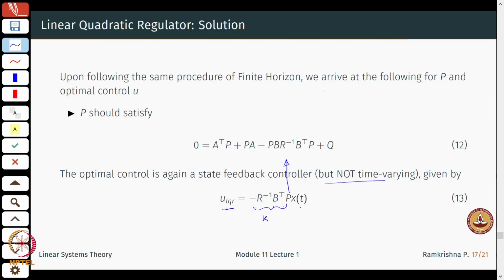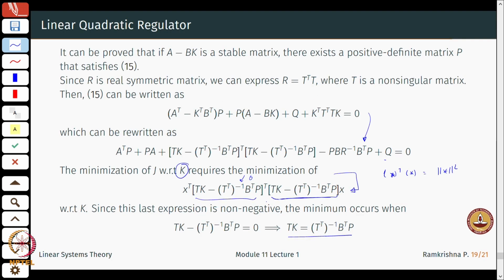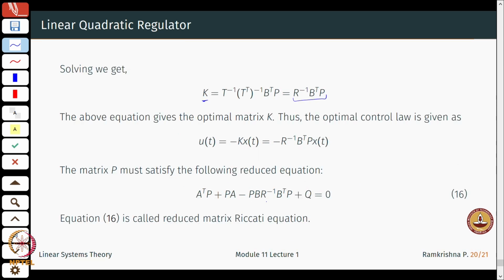R inverse B transpose P is what we also had here. This was my K here. So therefore, now I have the optimal control law, which is of this form, and again the unknown here is this matrix P. Again, how do I find this P?